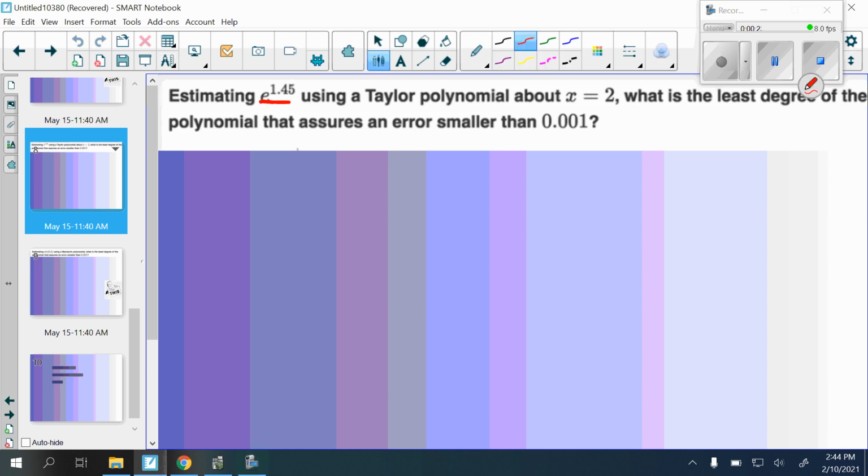One, if this is what we want to estimate, the function that we're using for this one would be e to some power. So that's the function we're looking at.